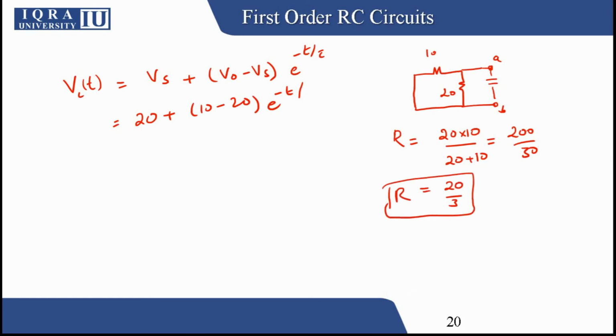So we can say 20/3 kilo multiplied by the capacitor of 0.2 farad.